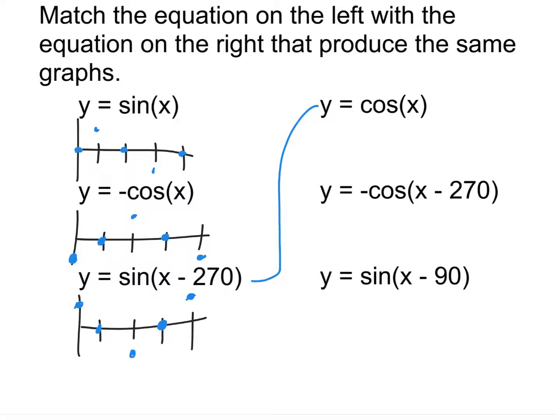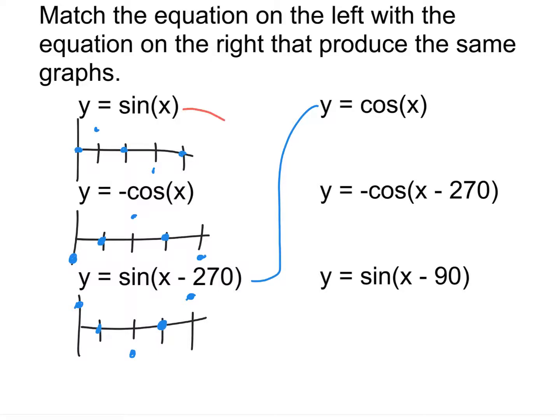All right, next up, negative cosine of x minus 270. Now, you could make a sketch of this one if you're having a little bit of trouble actually seeing where that graph looks. Or you can say, okay, well, I know at 270 it's got to be at the bottom. So I'm going to look down these graphs that I just made. Which one of those has it at the bottom at 270? Notice it's the top one.